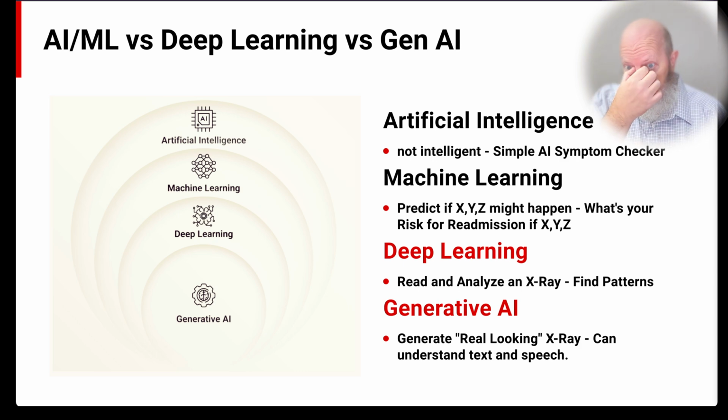Now, machine learning, for me, takes that to the next step. You can predict X, Y, and Z based on other things, maybe not necessarily linear relations, things that might not be super clear.